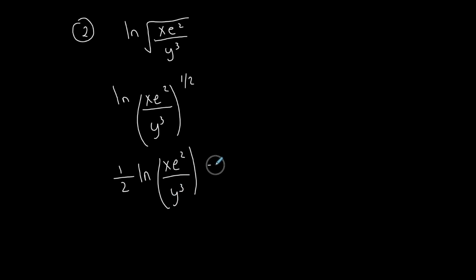And now I can actually use that quotient property. 1/2 times, when I separate this, I want to make sure that that 1/2 gets distributed after: natural log of the top, which is x e squared, minus natural log of the bottom, y to the third. Again, this part is a quotient.